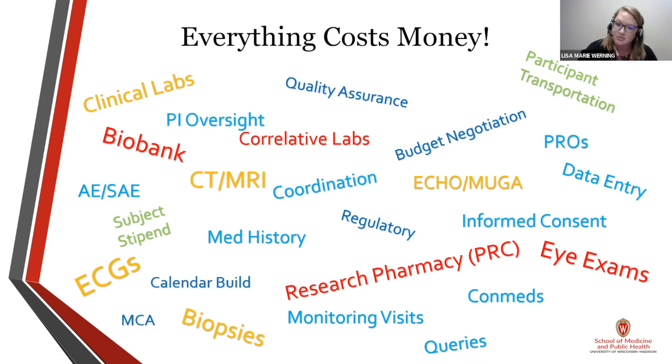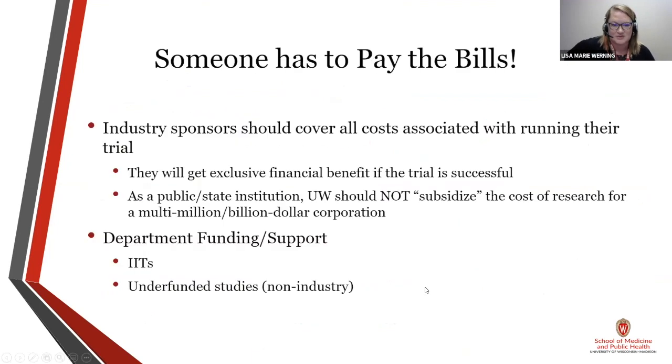It's all the patient procedures that you need to think about, data entry, and are we going to provide any reimbursement for patients for travel? Are we going to send them to other outside labs? So you have to think about all of these things. And so this slide is really just a visual of all the different things that we need to think about when we're budgeting.